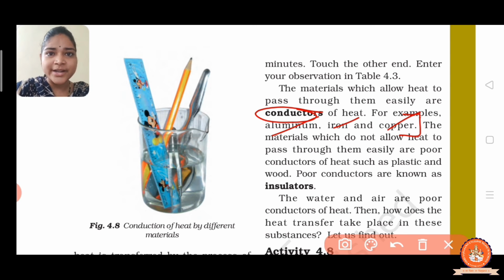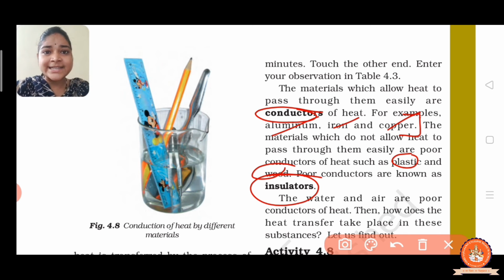Now what is an insulator? An insulator is a material which does not allow heat to pass through it easily, that is, a poor conductor of heat, such as plastic and wood. Again I repeat, the materials which allow heat to pass through them are called conductors, and the materials which do not allow heat to pass through them are known as insulators.